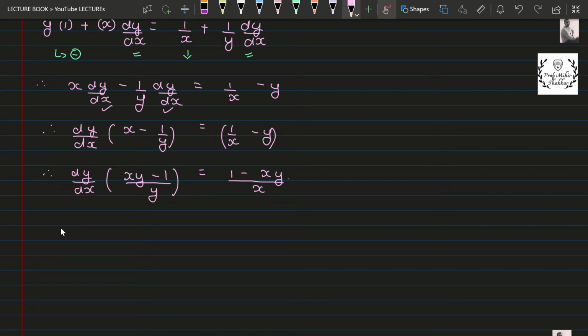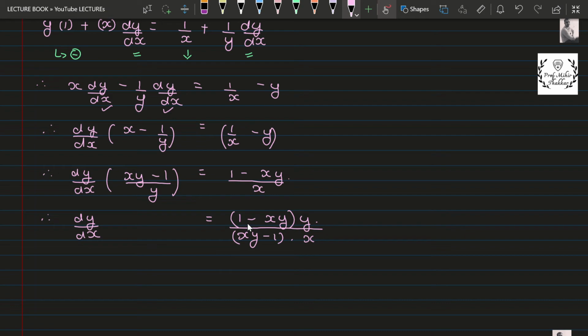Cross multiply this on the opposite side, so you will get dy by dx is equal to 1 minus xy into y and xy minus 1 multiplied by x. Now if I compare both the bracket terms, actually they both are same.